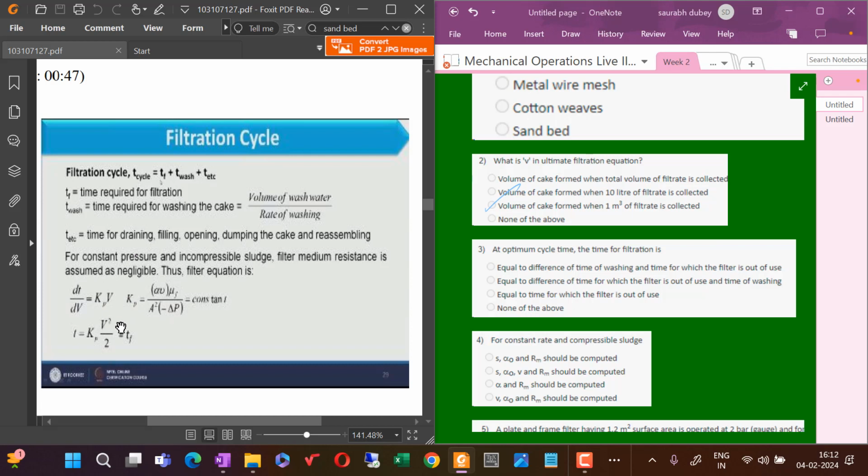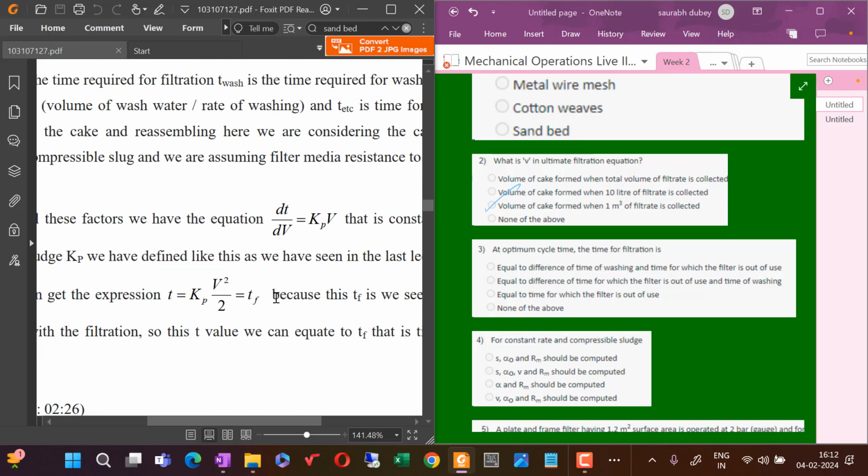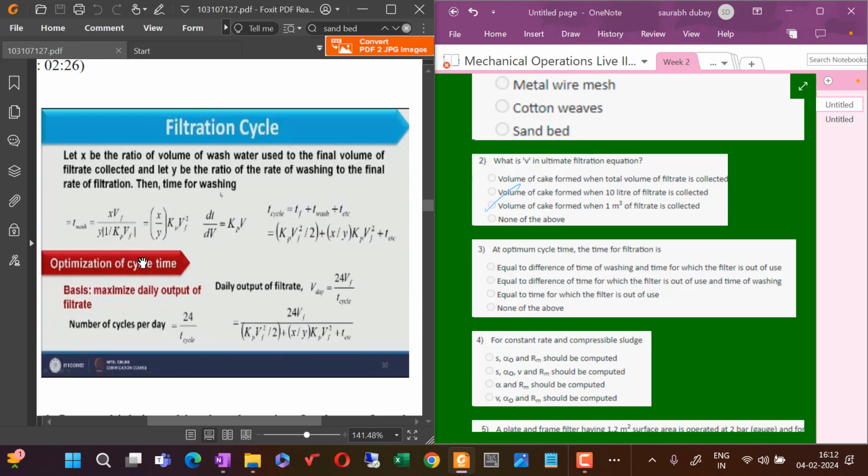So only one term will be coming up, that will give the value of T filtration. In that, this T cycle has been calculated using T filtration plus T wash plus T etc.